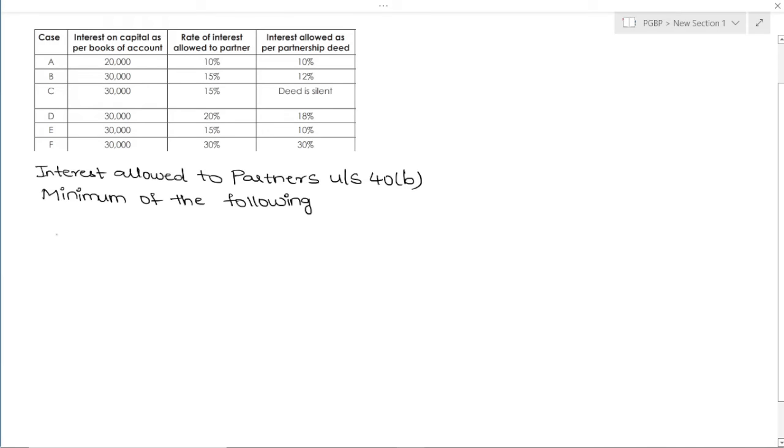First one, actual interest paid. Second one, interest as per deed. Third one, statutory limit on interest.